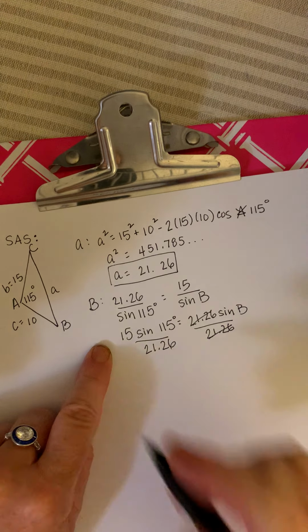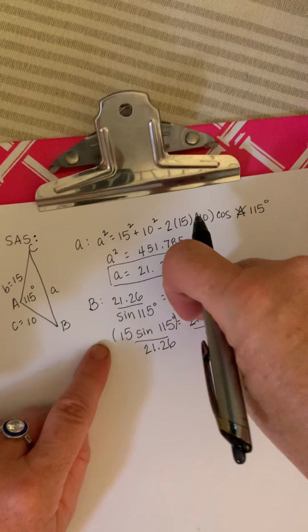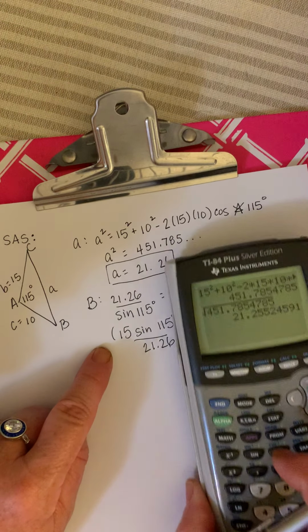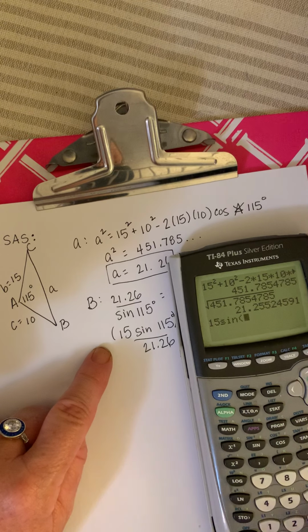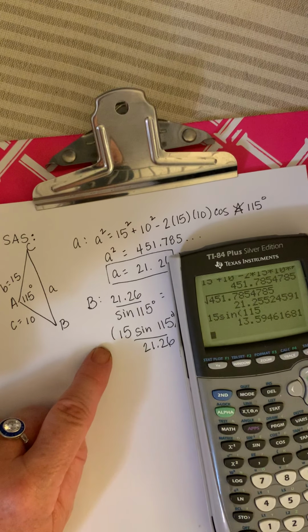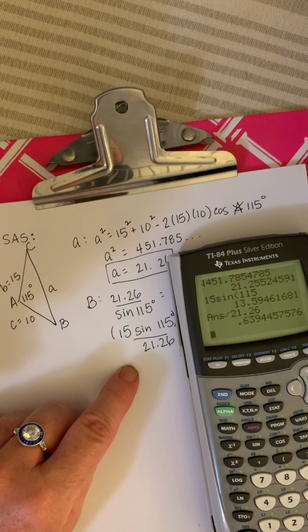Okay, I want to put this in my calculator. Remember, I want to parenthesis all of this or hit enter before I divide by 21.26. So I'm going to do 15 sine of 115, enter, divided by 21.26, enter.